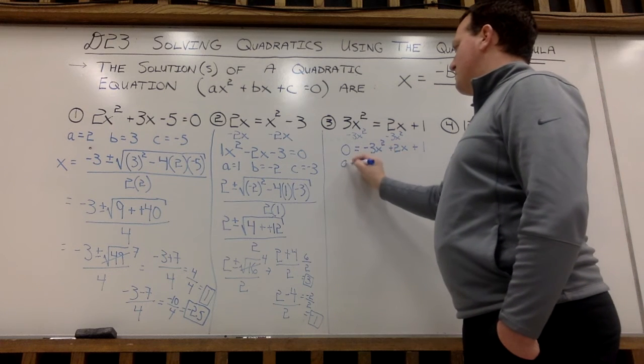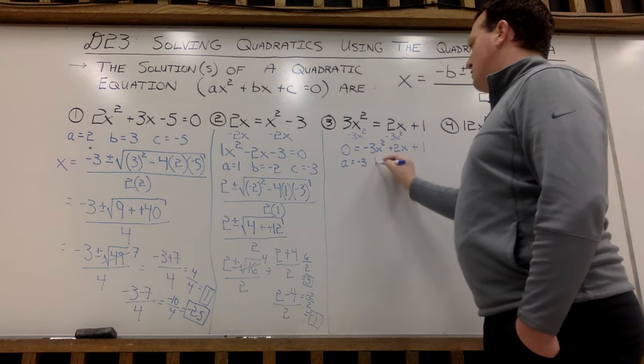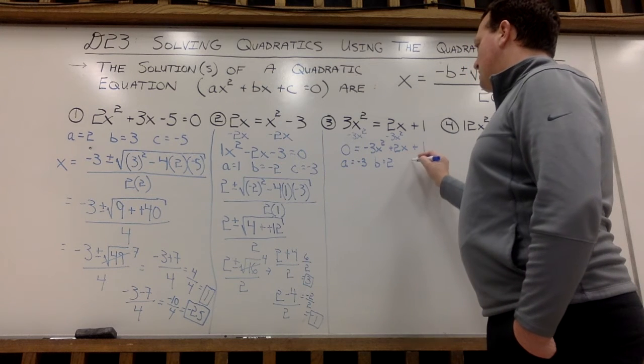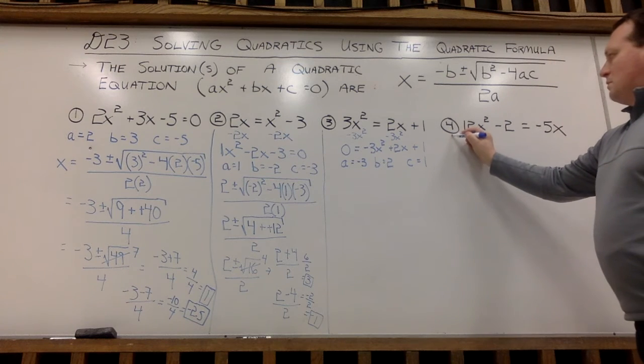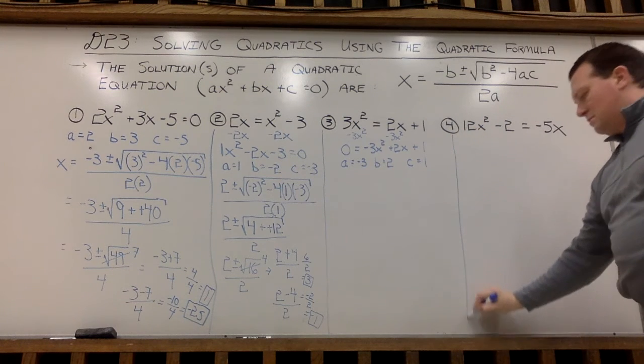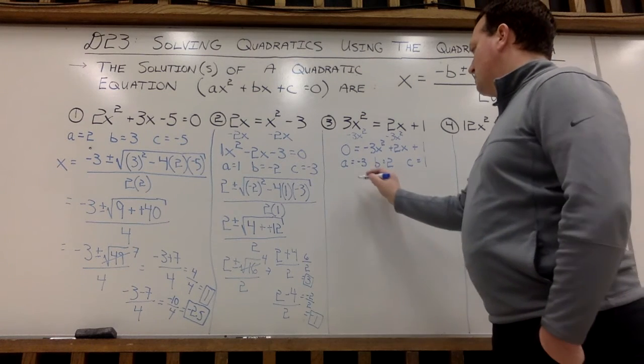So A is negative 3, B is 2, and C is 1. So I'm going to crunch and munch, your favorite.